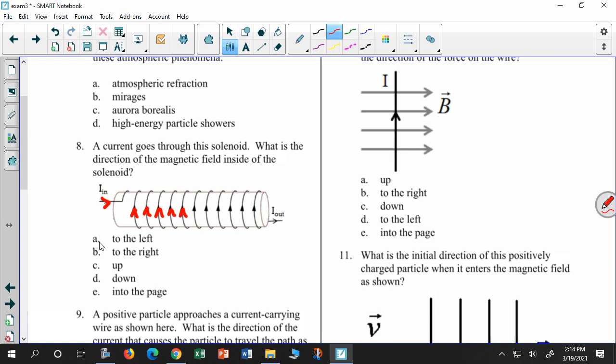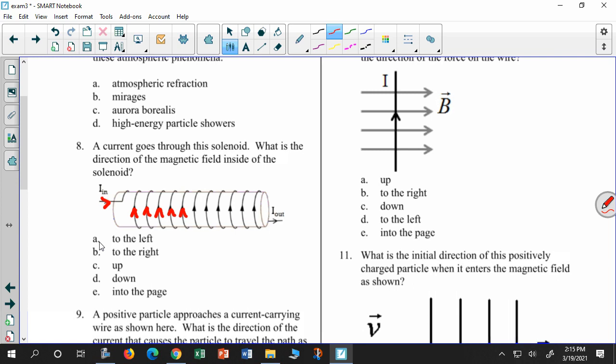Now, inside of the coil, which is here, let's imagine that my pen is this little section of wire right here. Inside of the coil, the magnetic field is going to be in that direction. Outside of the coil is going to be in that direction. See that? This represents this little piece of wire right here.